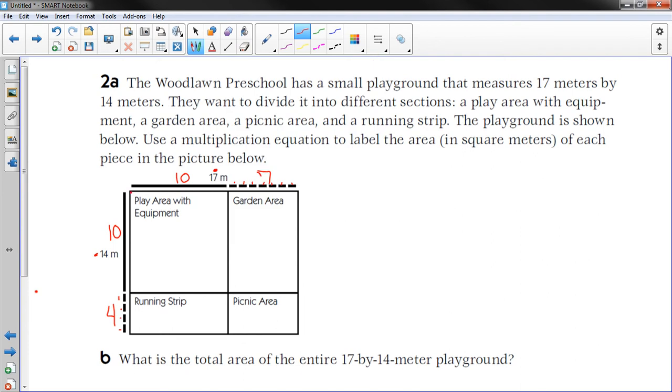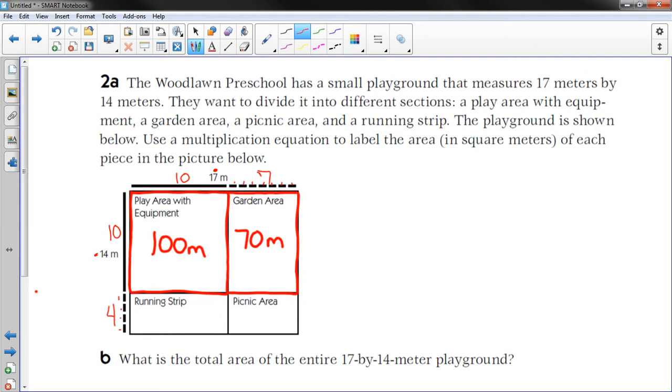And basically, this section is 10 by 10. And what is 10 by 10? It's 100. Well, we're working in meters, so I'm going to label it meters. To the right, this section becomes 7 by 10. That's 70 meters.